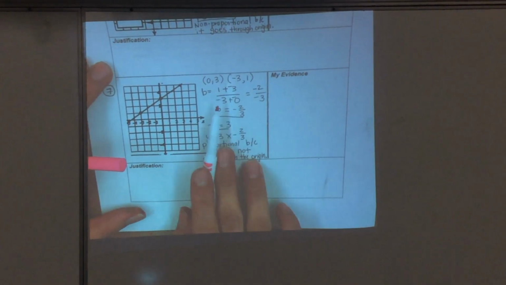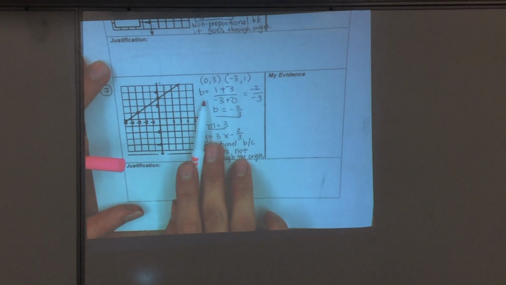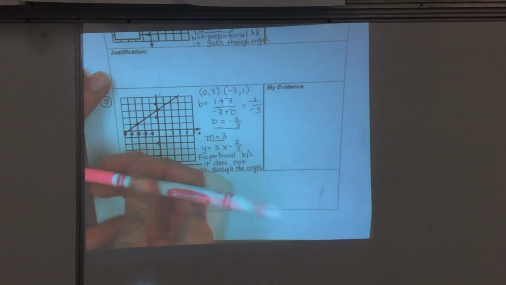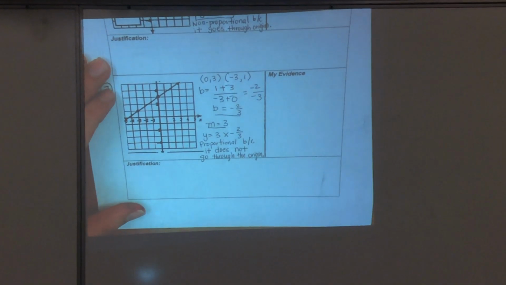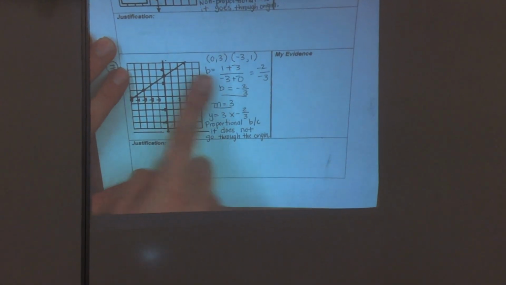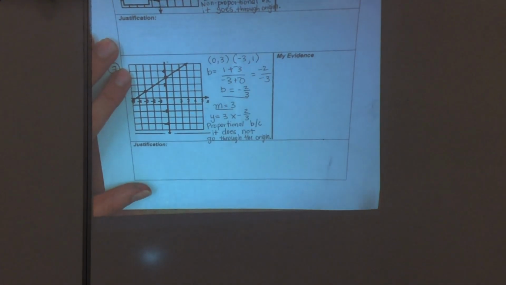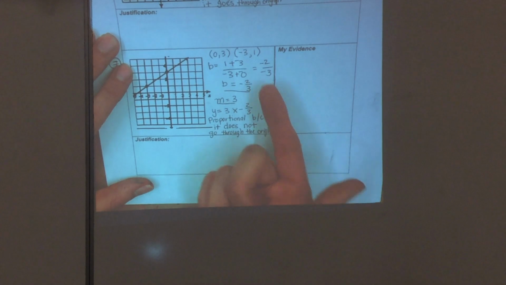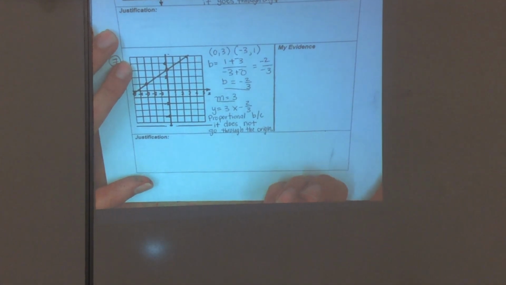So the B, well, first of all, is that supposed to be B? Uh-oh. It's supposed to be what? M, the slope. Right? So you could write that. They messed up because they should have put an M here. But then negative divided by negative is? Positive. So you should have explained that too. It's wrong because negative divided by negative is positive, okay?